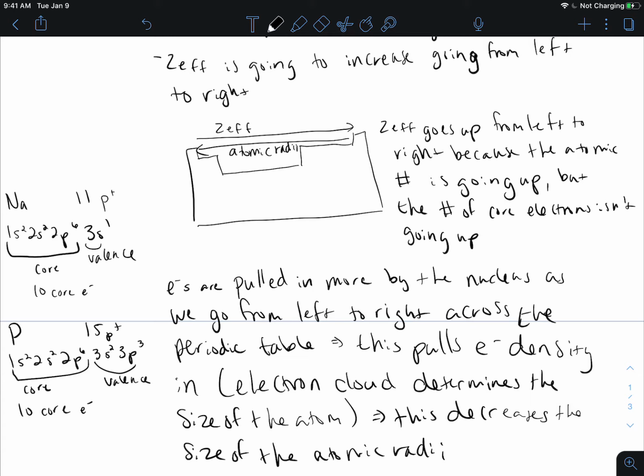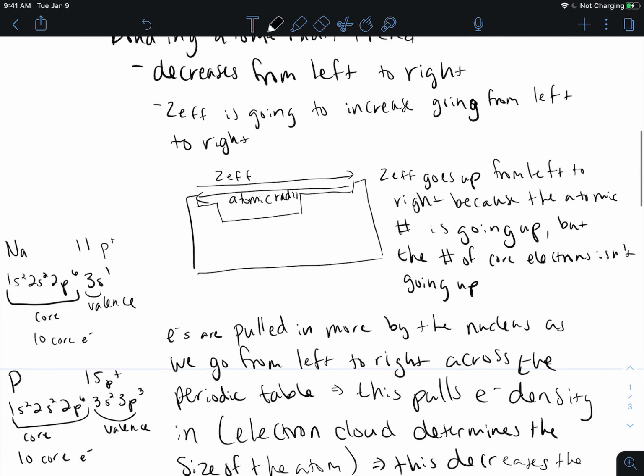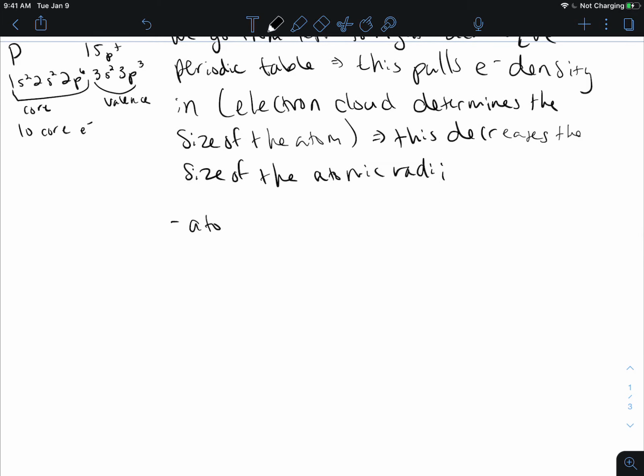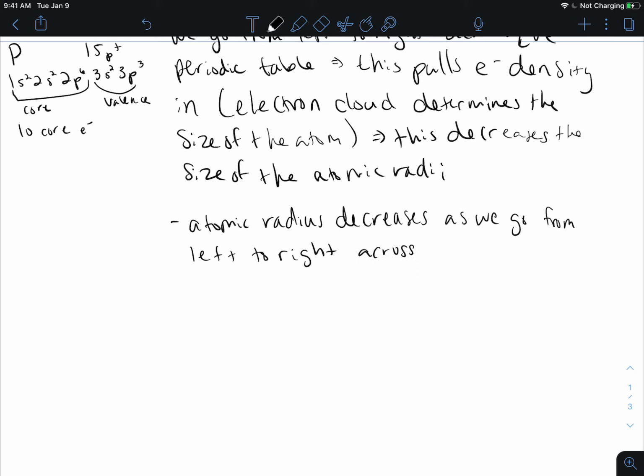So we would say that our atomic radius decreases as we go from left to right across the periodic table.